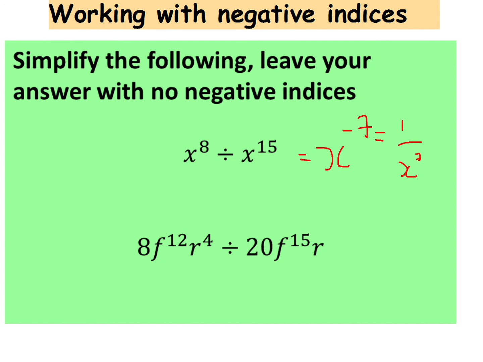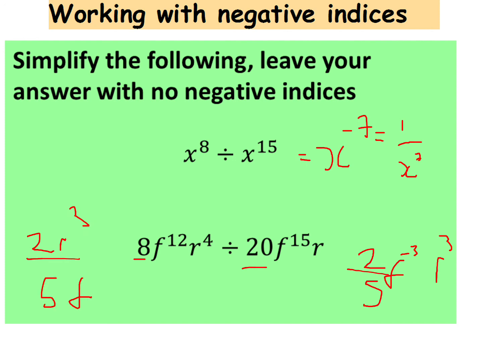Next one, 8 over 20 simplifies to 4/10, which is going to be simplified to 2/5. f to the 12 divided by f to the 15 is f to the minus 3. r to the 4 divided by r is going to be r cubed. So it's going to be 2r cubed over 5f cubed.